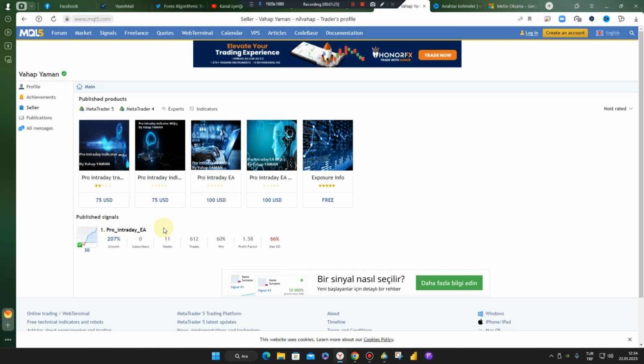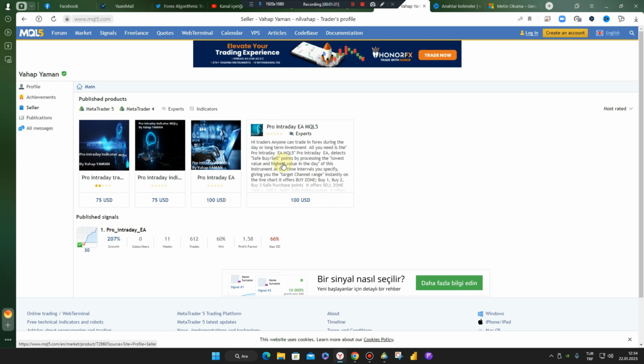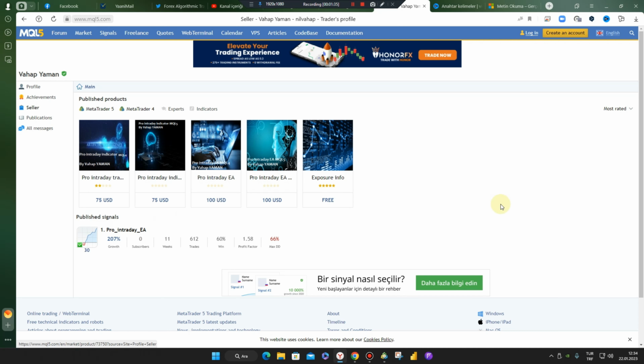And now, let's take a look at the instruments in the store here. The robot and indicators here are in English.